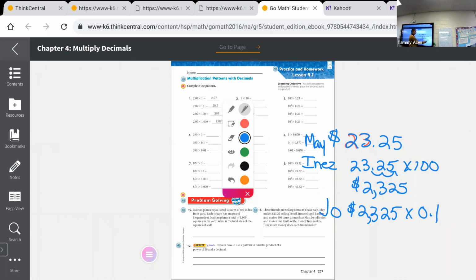If we're multiplying by 10, we go 1 to the right. If we're multiplying by 1/10, we go 1 to the left. So there's our three amounts. Okay. Questions on that?